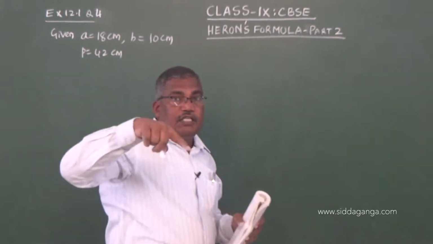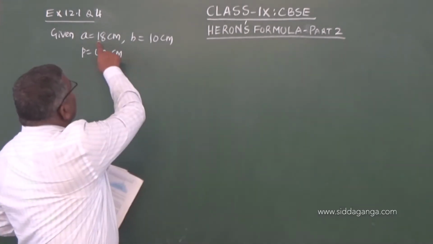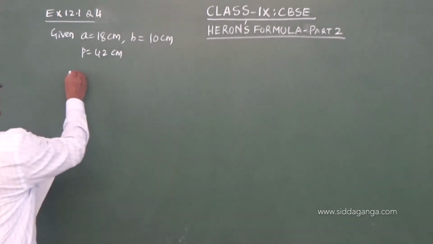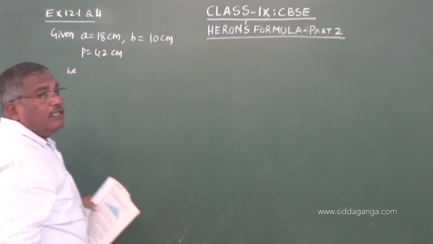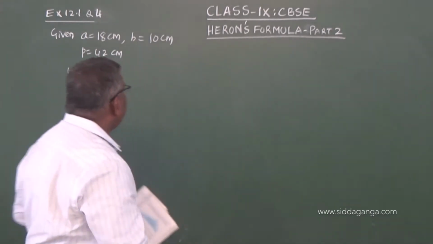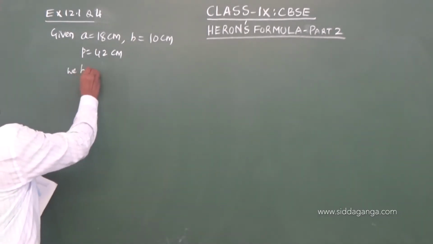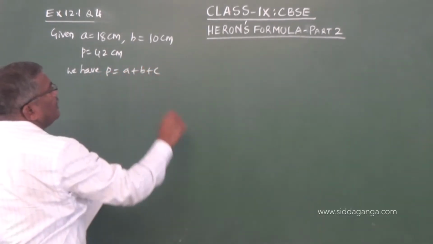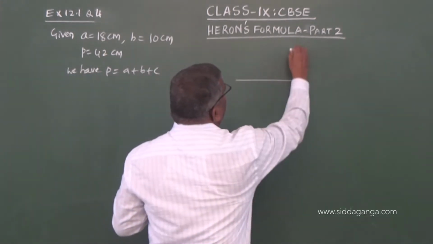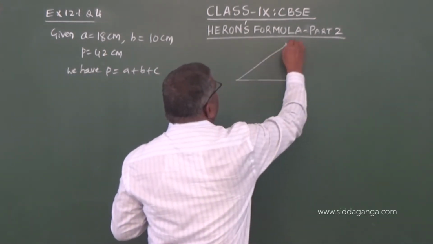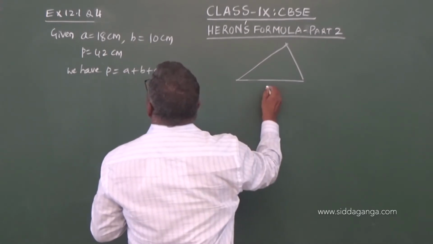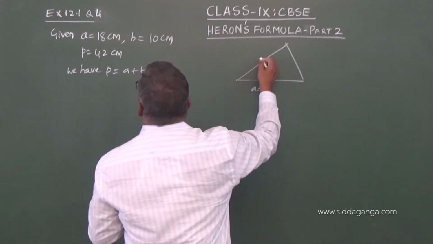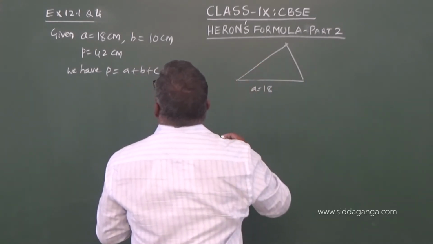So total perimeter is known, therefore we can calculate the value of C. So first let us calculate the length of the third side. So we have perimeter is equal to A plus B plus C. If you have a triangle, then the perimeter is given by, if A is 18 centimeter, B is 10 centimeter.